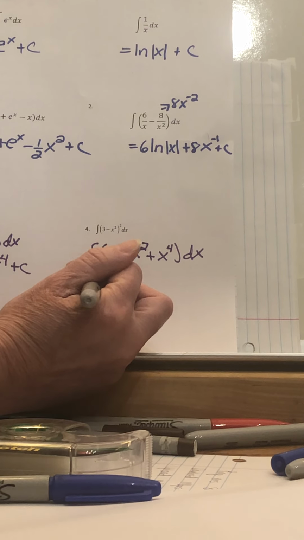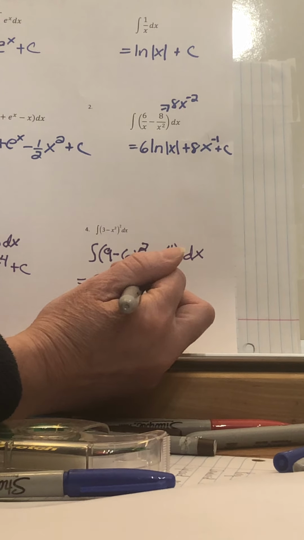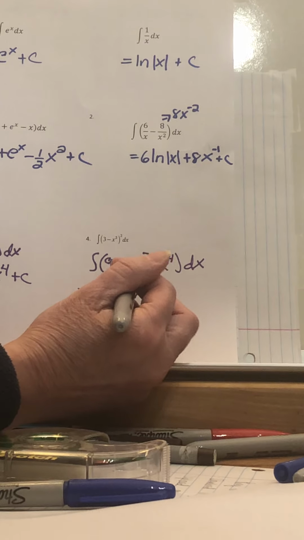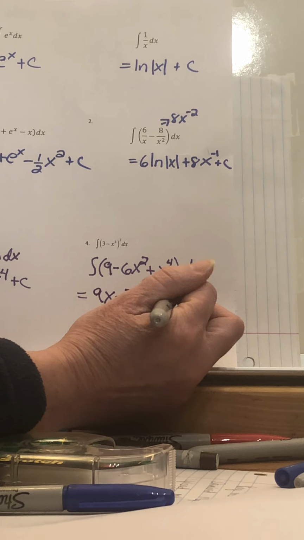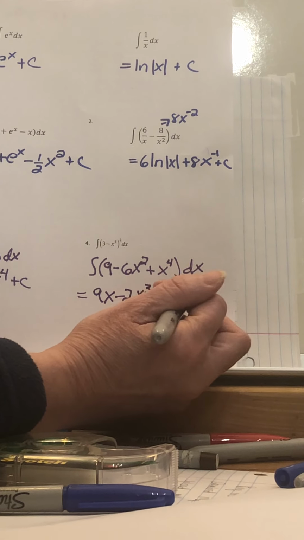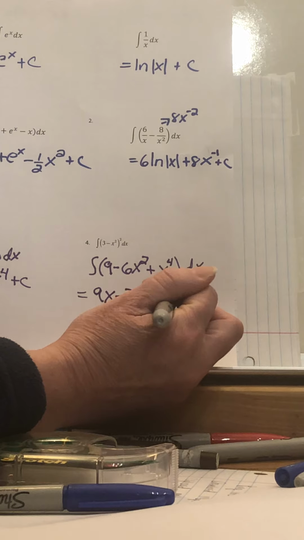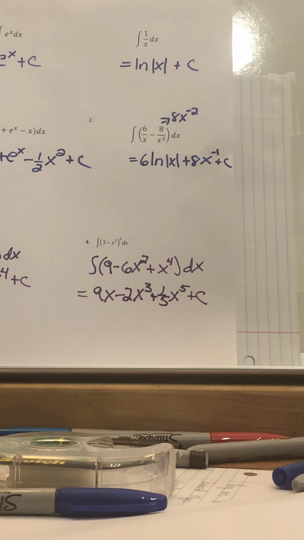I take the 9, work backwards to get 9x, minus this x goes x to the third. In front, 6 divided by 3 is a 2. The next term, I have x to the fifth. Go back to its front. I have a 1, so it becomes 1/5 plus c at the end.